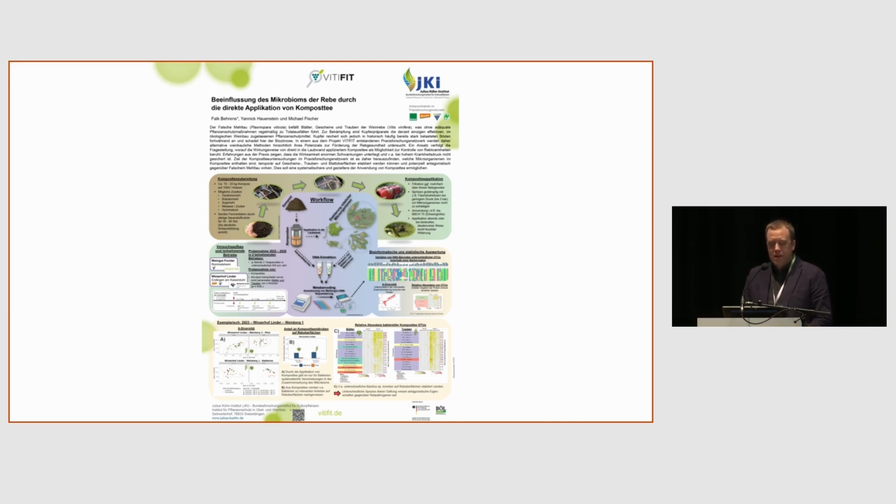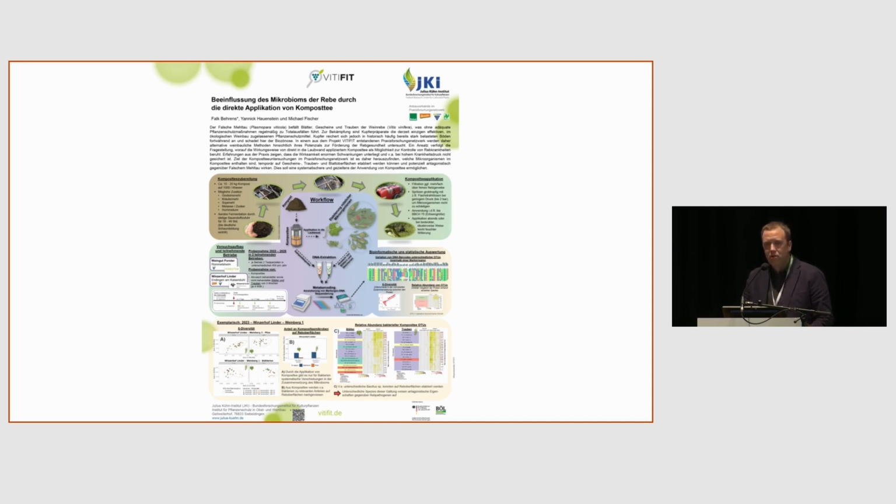So we are carrying out examinations over 3 years to look at the microbial composition of the compost tea and to find out which of those microorganisms establish themselves on the leaves and the grapes, at least temporarily.